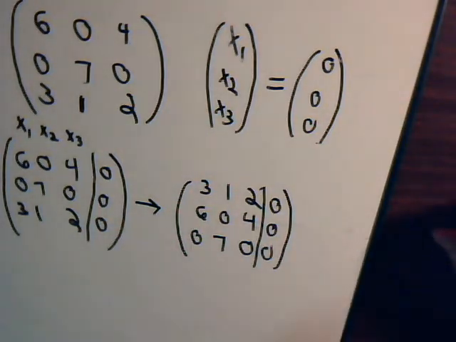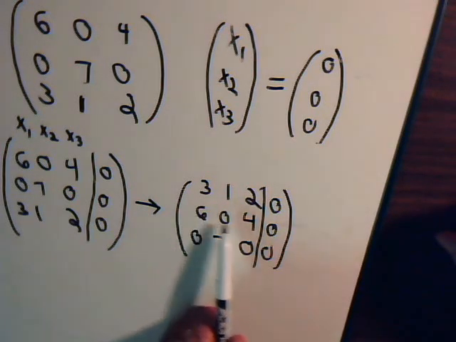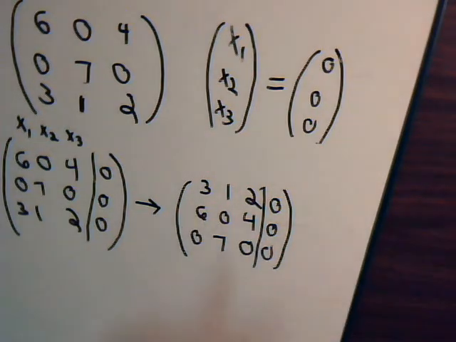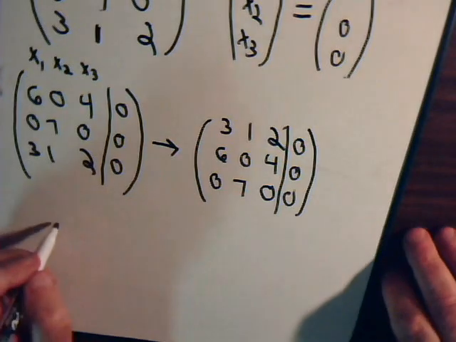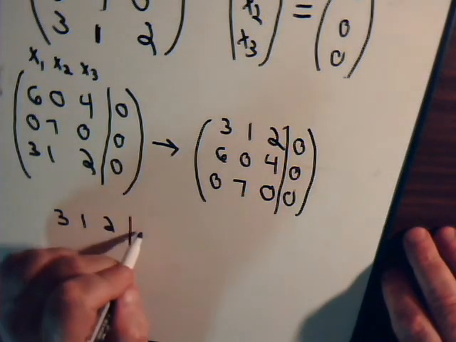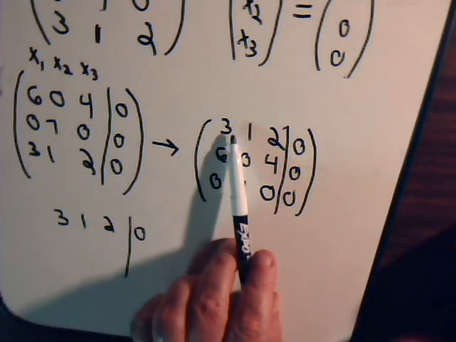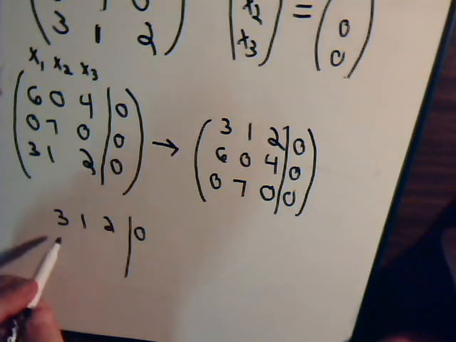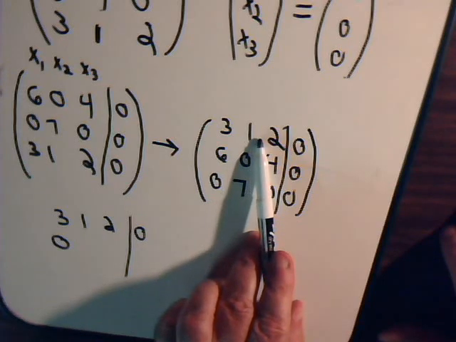And let's see, if we multiply this by -2, we can add it to that one. So let's see what we have. The top row stays unchanged, of course. Three times -2 is -6, so that comes out to 0.